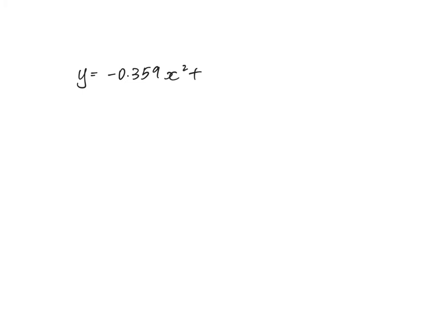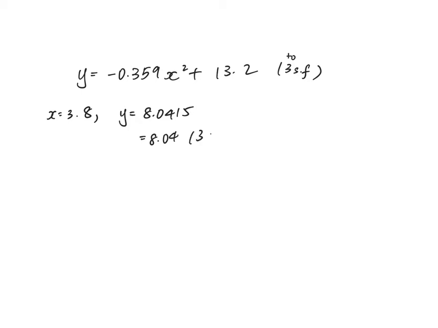Remember, it's not x, plus 13.2. So x squared plus 13.2, this is correct to 3SF. Then if I substitute x equals 3.8, I'm sure you can calculate it by yourself. y is approximately 8.0415, which is just 8.04 to 3SF.